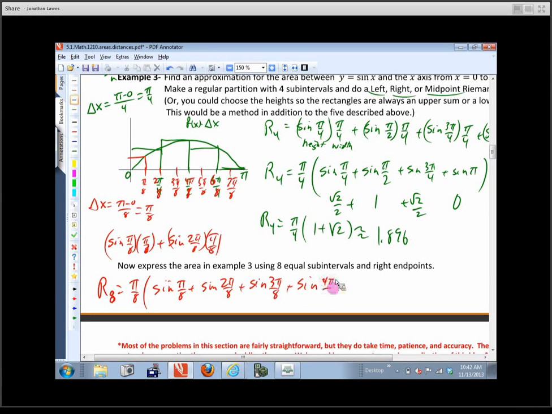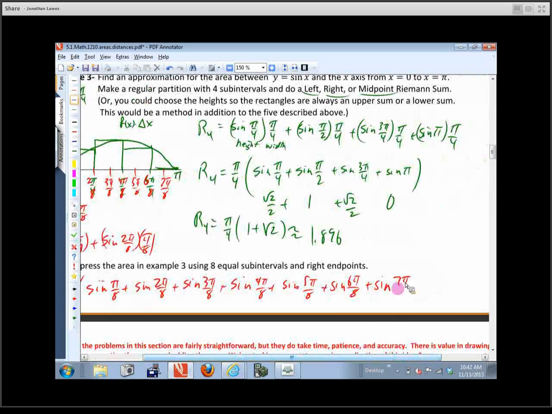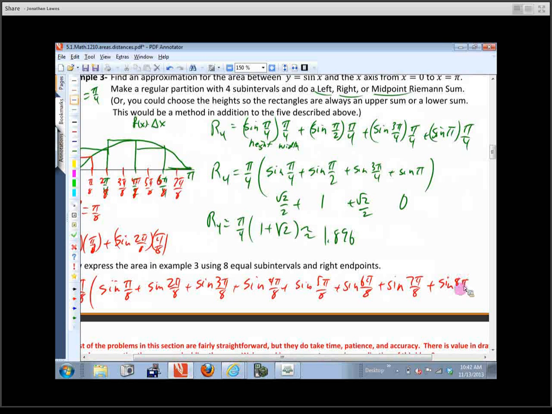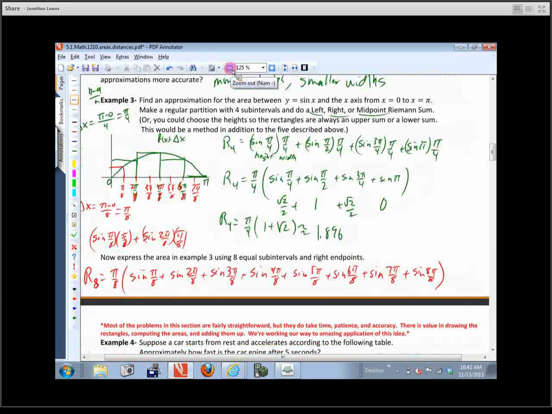This would be 4 pi eighths, 5 pi eighths, 6 pi eighths, 7 pi eighths, and let's see, when do I stop? Okay, 8 pi eighths. Okay, let me make this just a little bit smaller so you can see this.